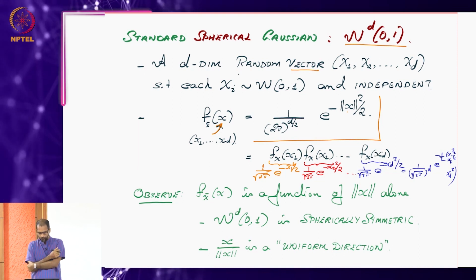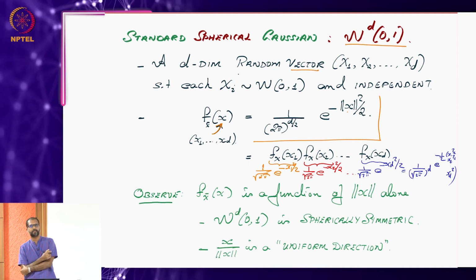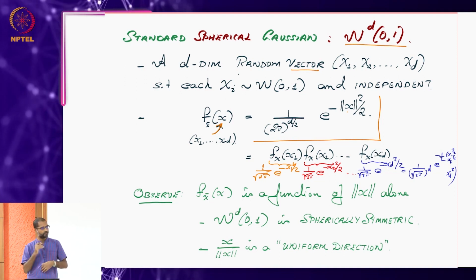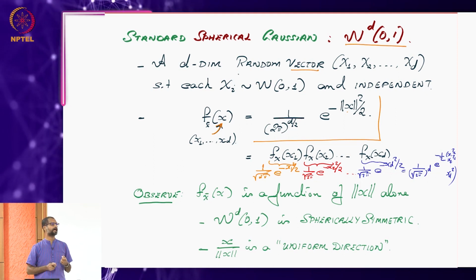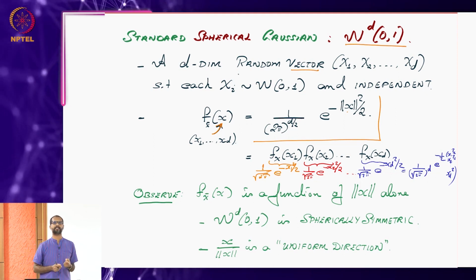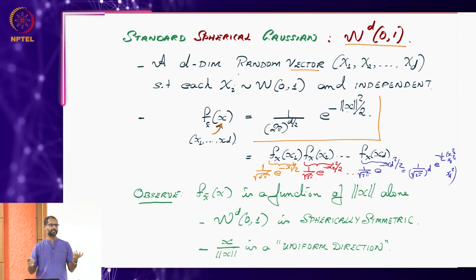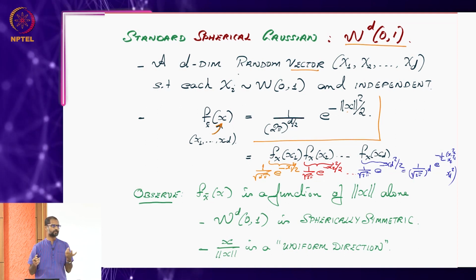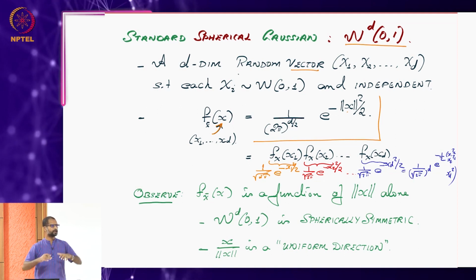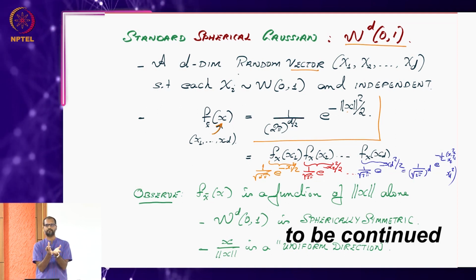Now, because it is spherically symmetric, there is a lot of use to this spherical Gaussian. For example, if I want to sample a uniform direction in 3D space, which is essentially saying I want to sample a unit vector which is uniform on the sphere.